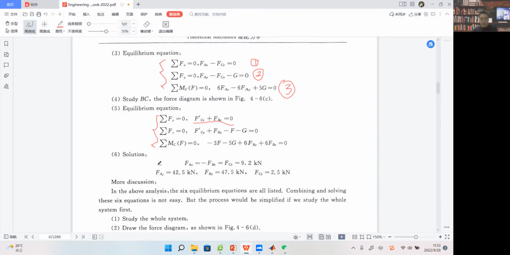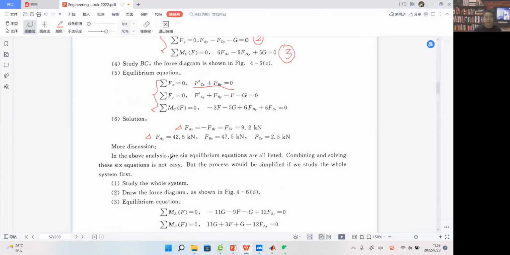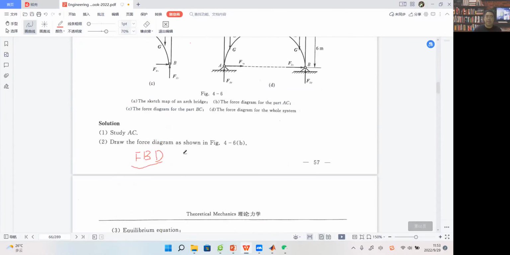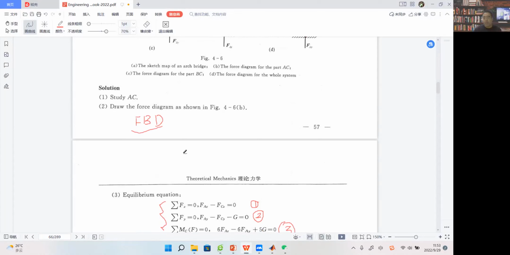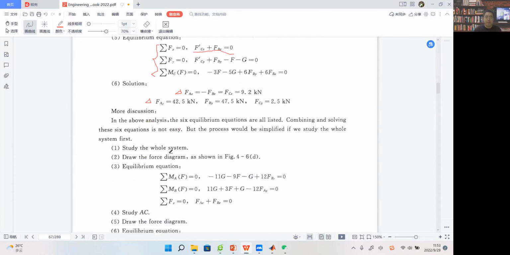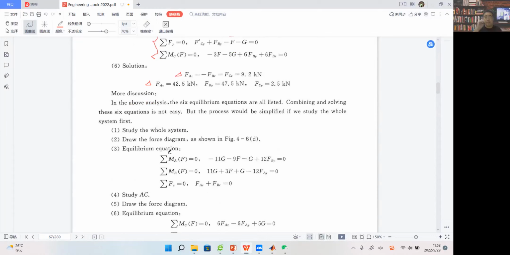We can find the solution: FAX, FAY, and D. Since you have some problem understanding this, maybe I will stop here and give you just one homework. Hope you guys can finish that. And if you can't, don't worry about that. Maybe next time, maybe 7 days after, we will do that together.